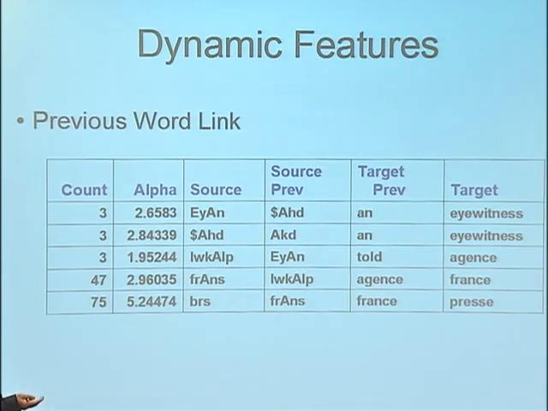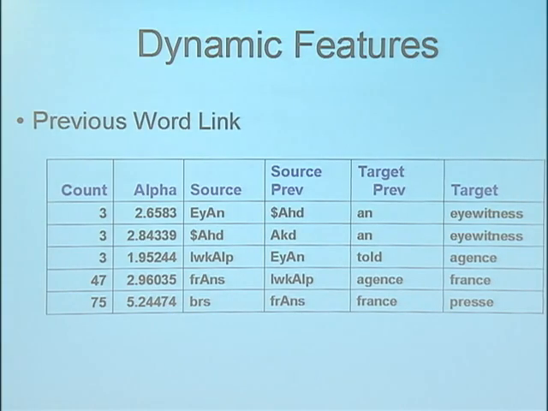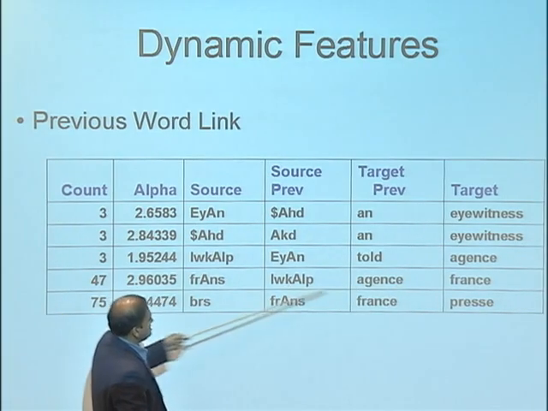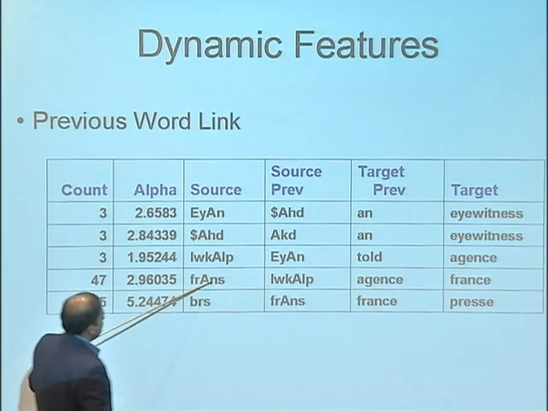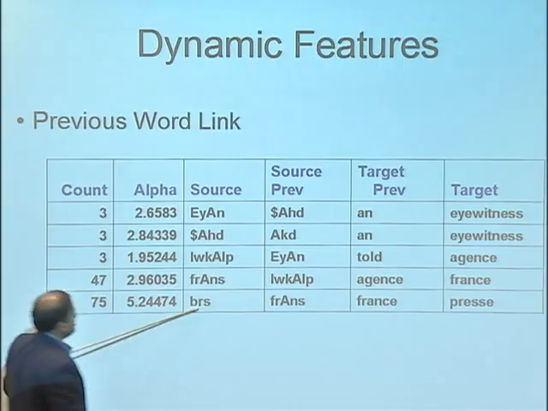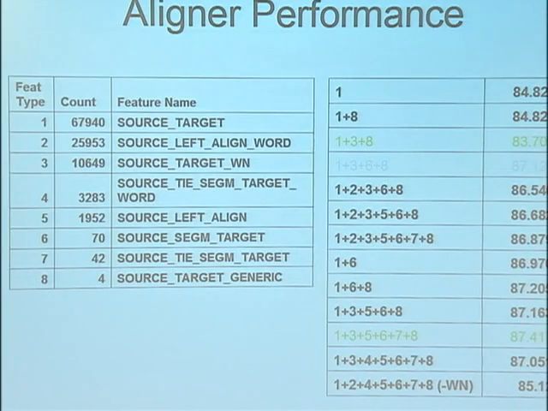As you're searching your word alignment space, you have to extend these hypotheses, and then these features will fire on that lattice of possible decisions. You can see, for example, agency France press. So this seems to be agency, and then France will align to France. And when France aligns to France, press seems to align to this word. By linking these together, it learns longer context.